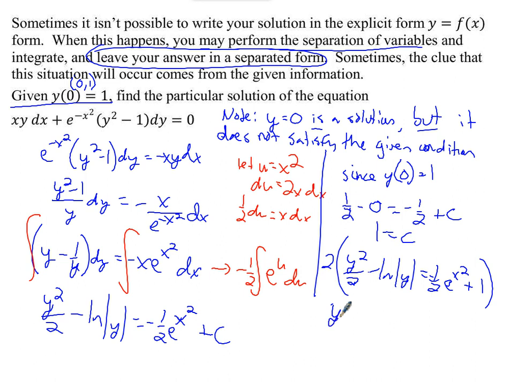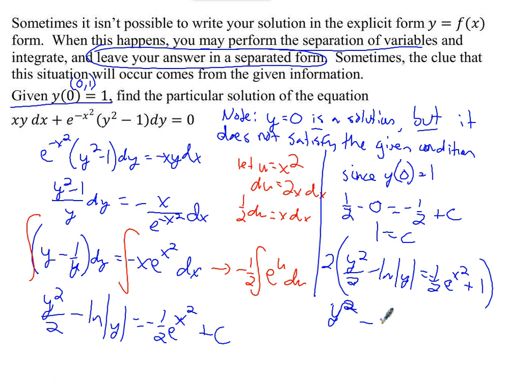And wind up with y squared. And here's y. Minus what? Natural log of y squared, right? Because it was 2 natural log absolute value y. But if I'm squaring a number, it winds up being positive.